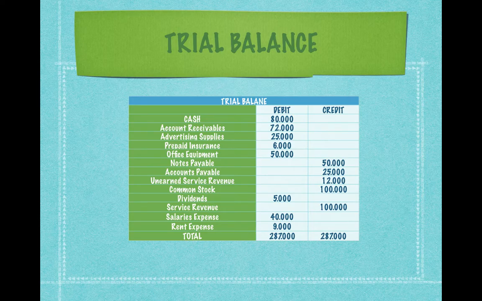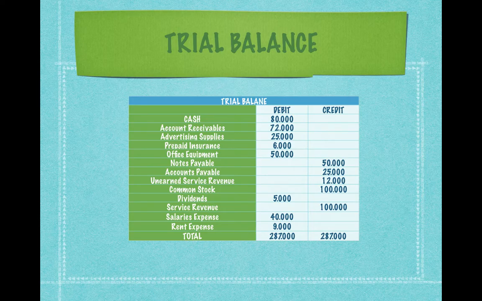The procedures for preparing a trial balance consist of, first, listing the account titles and their balances. The second one is totaling the debit and credit columns. And the third one, proving the equality of the two columns.